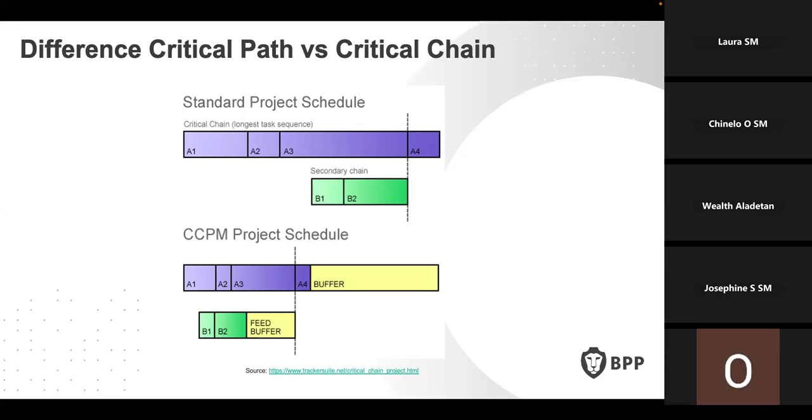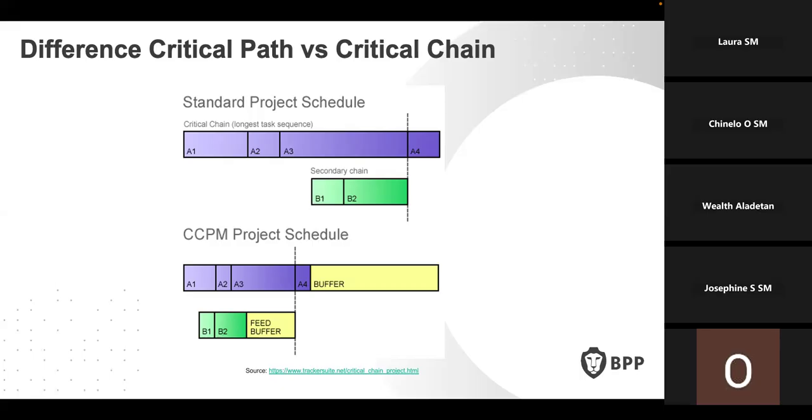critical chain. This is the standard project schedule from A1 to A4. Looking at the first diagram at the top, you have A1, A2, A3 to A4. Now, within A3, you will notice that there's a secondary chain, which has B1 and B2.